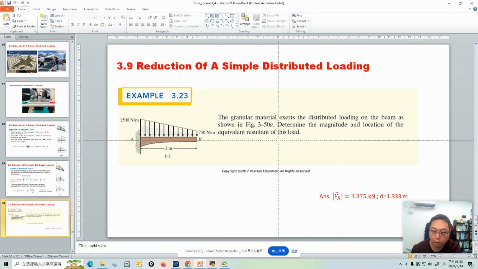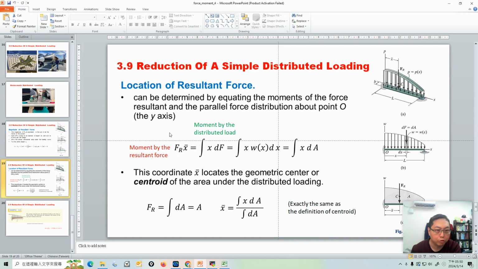This is mechanics of materials, and in this video we are going to talk about the simplification of distributed load. Previously we said that in the simplification we have two goals.